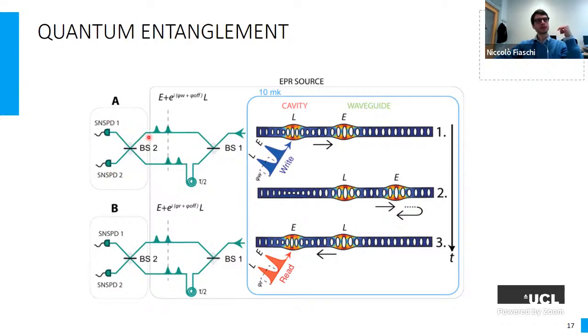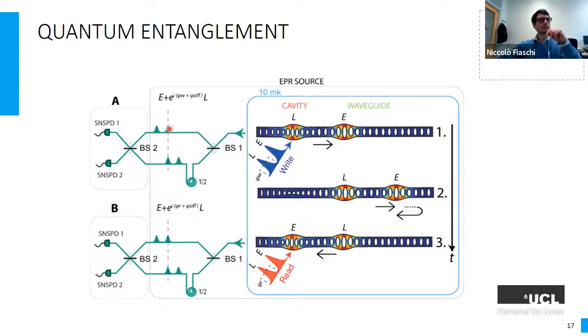So if you remove this part here and you place the single photon detector here or here, you can still understand if you have the excitation made on the early or on the late. If one of these two pulses actually scatters a photon, for example the early, you get a click in the early one, or if it was the late to scatter, you still get a click in the late. But once you recombine them, and these are overlapped in time, if you get a click at this time here, you have no idea. You cannot say if it was the early or the late. This is what creates the entanglement.